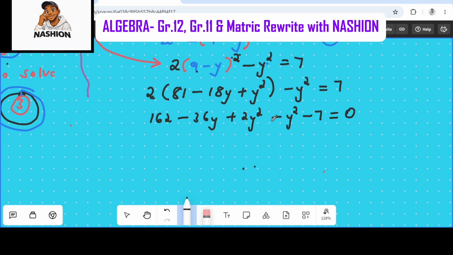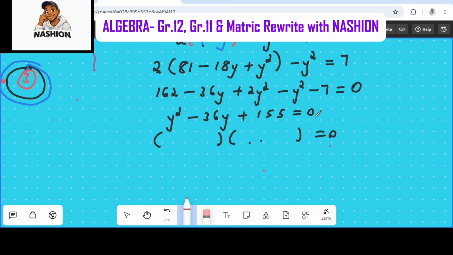After removing the brackets, we look for the like terms and we got them. 2y squared minus y squared, that's y squared. Negative 36y is just alone. 162 minus 7, that's positive 155. What do we have? Our lovely quadratic standard form. And after standard form, we factorize. Can this thing factorize? Let's find out.